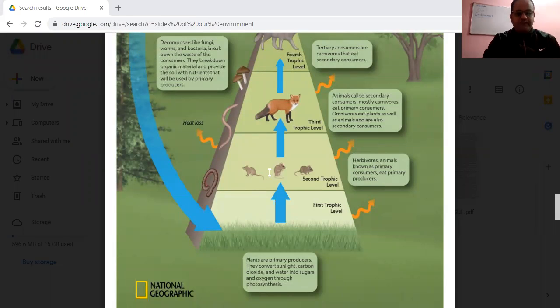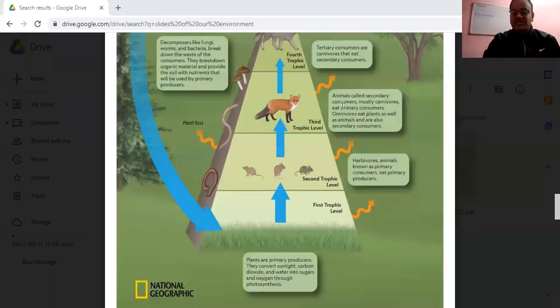Okay. So during this process, at the first level, some heat loss also occurred, because during the digestion process and during respiration, some amount of energy is lost at each trophic level. So this is the second trophic level. When these second trophic level organisms are eaten by third trophic level organisms, then obviously the energy from the previous trophic level goes to this level.